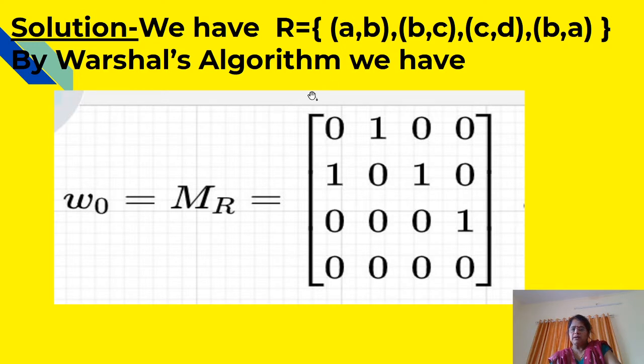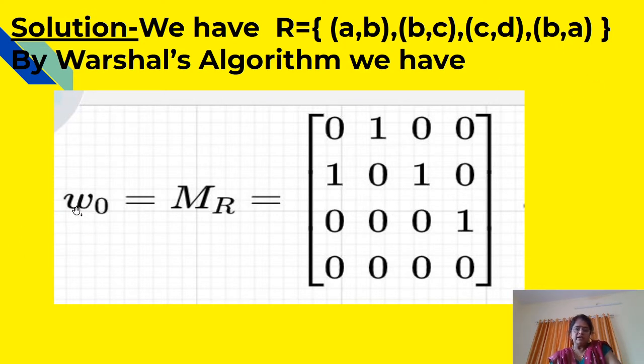AB means first row and second column, so this one represents AB. BC, B and C, so this one represents BC. CD, C and D, so this one represents the pair CD. BA, B and A, so this one represents the pair BA.